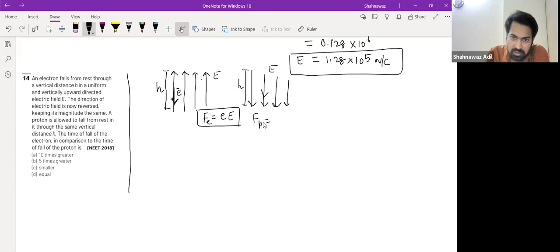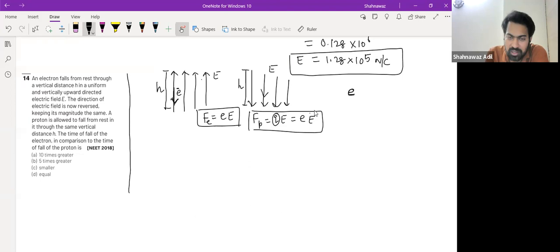Q into E, right? And what is the charge on one proton? 1.6 times 10 to the power minus 19, so that is e, right? So e E is the magnitude of the force due to this charge.